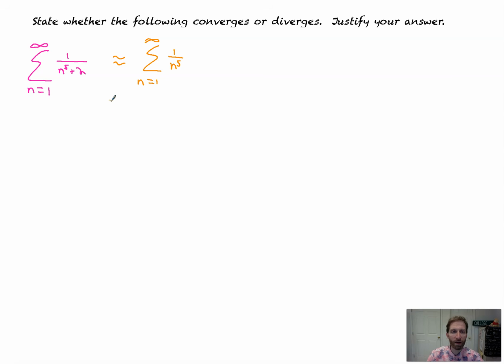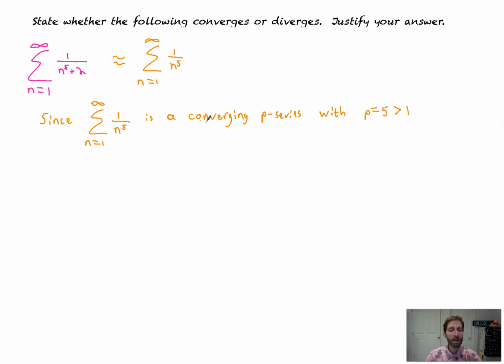So how do we write all that out? You first want to start out with the proof that the series you're comparing this to converges or diverges. So I'll say, since the series n equals 1 to infinity of 1 over n to the fifth is a converging p-series, and you've got to state your conditions, right? With p equal to 5, which is greater than 1.